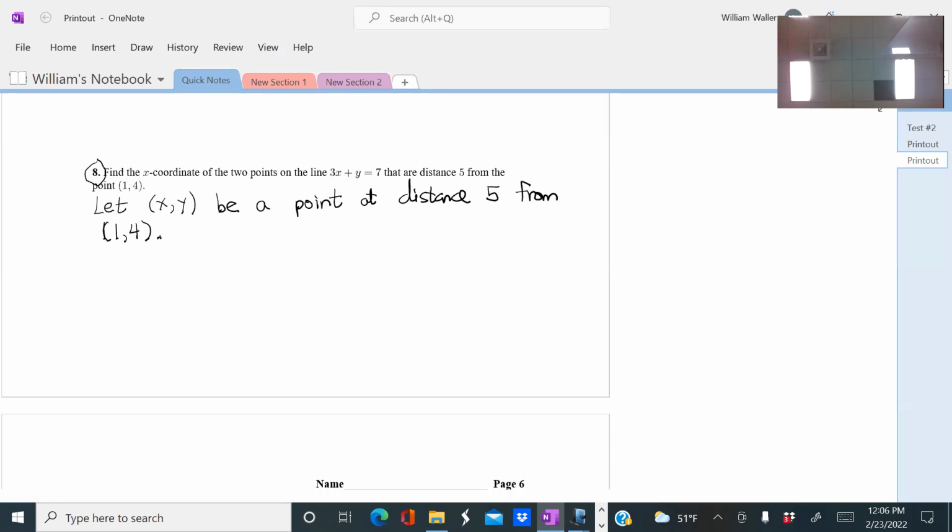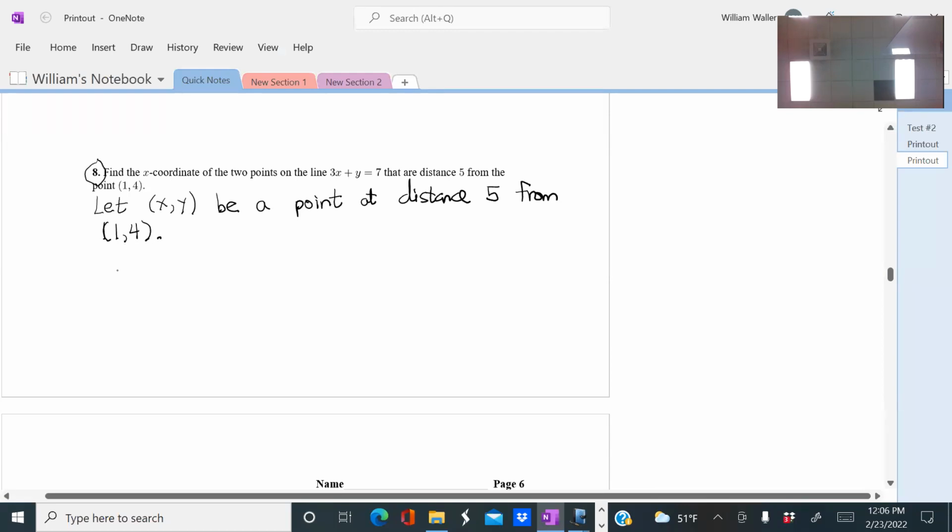However, we do have some information. We know we want that point (x, y) to be at distance 5 away from this point. So let's use our distance formula. The wording here is screaming for the distance formula. So let's compute that distance from my unknown point (x, y) to the point (1, 4).